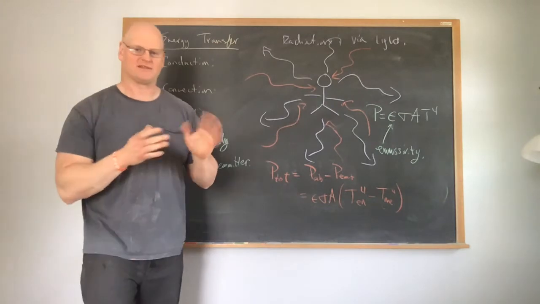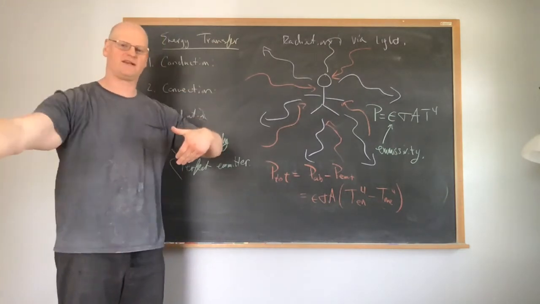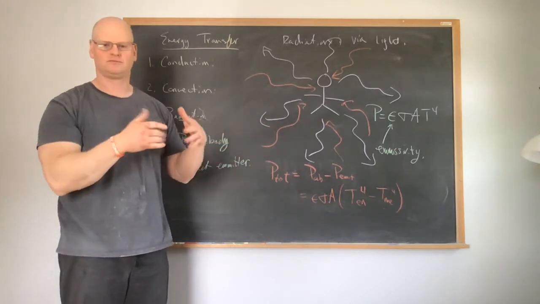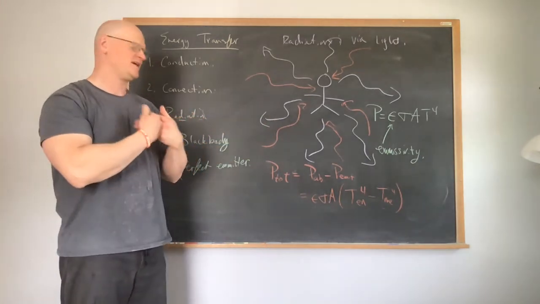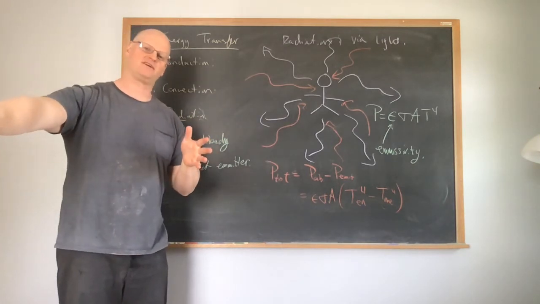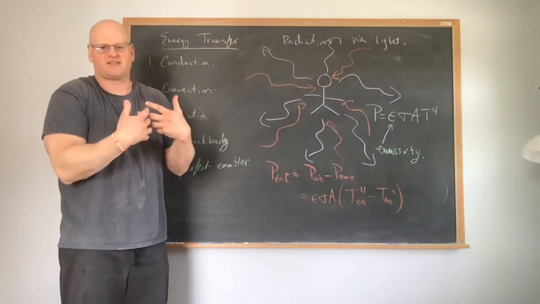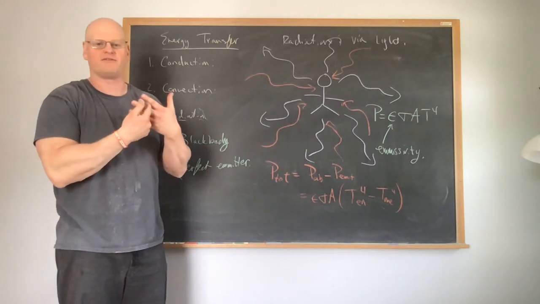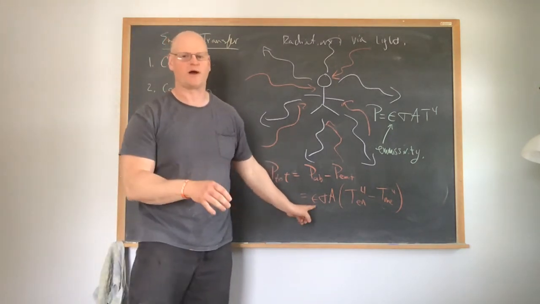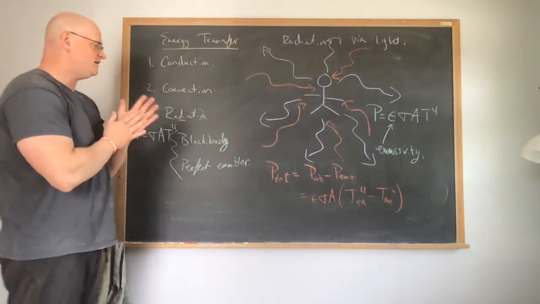Your body temperature is greater than the temperature outside. So in that case, this is why you cool down. One of the reasons why you cool down is because all the light that you are emitting is going to the exterior. Sure, you're absorbing some, but the temperature is so much lower, you're not really absorbing. Overall, you end up giving off energy. So that's one of the reasons why you cool down.